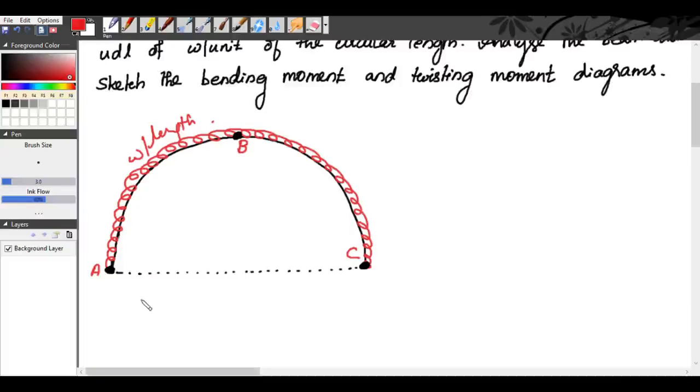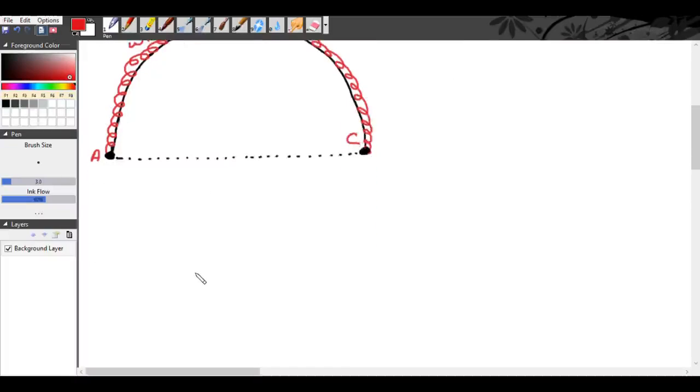This is a 3-dimensional structure, and we have sigma Mx equal to 0, sigma My equal to 0, and sigma Fz equal to 0. Hence, we have 3 unknowns: a vertical reaction at A, at B and at C. So 3 unknowns, 3 equilibrium equations, which means our beam is statically determinate.